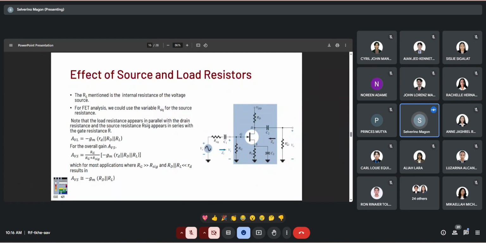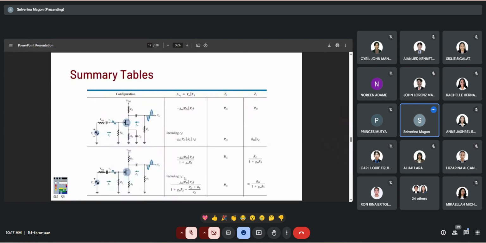For the output side, if the internal resistance RD is significantly larger than the parallel equivalent of RD and RL, the results will be that it can be approximated as a factor of RD and RL, or the internal RD value can be omitted.